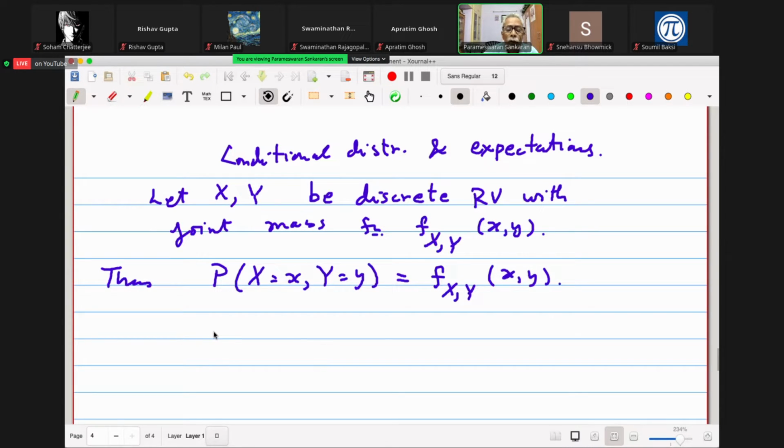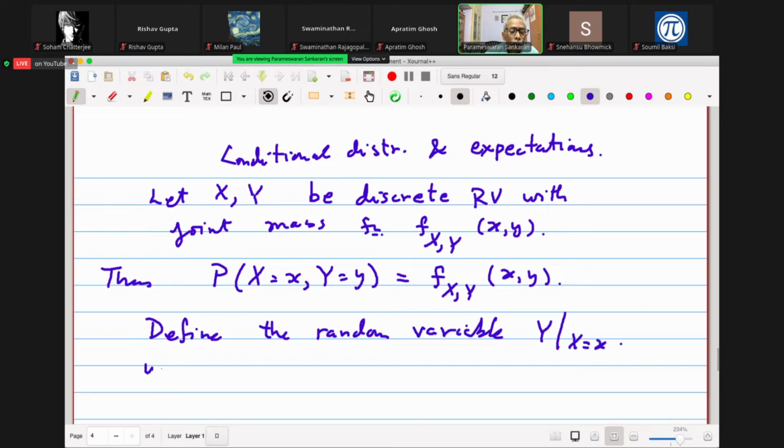And then what we want to do is conditional. So just like we had conditional probability, you can also have conditional distribution. Define the random variable Y given X equals x.